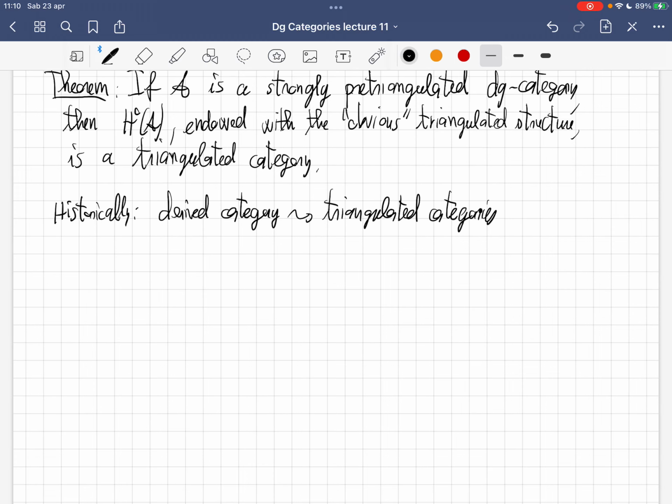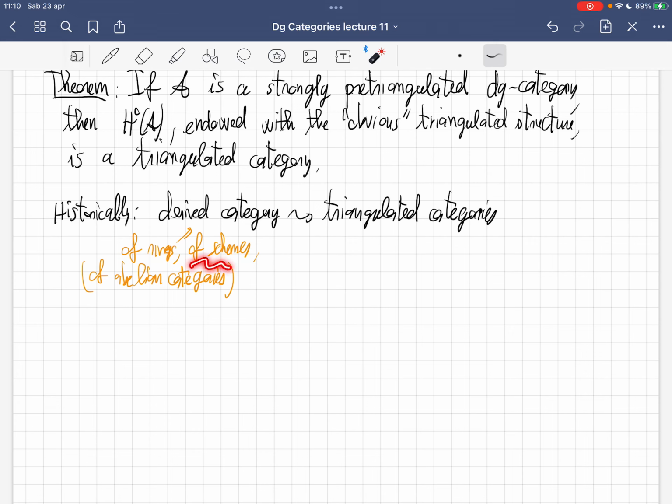Derived categories, like the ones we've seen here, of rings, even of schemes, or if you really want even more generality, of abelian categories in general. We've dealt essentially with this one.